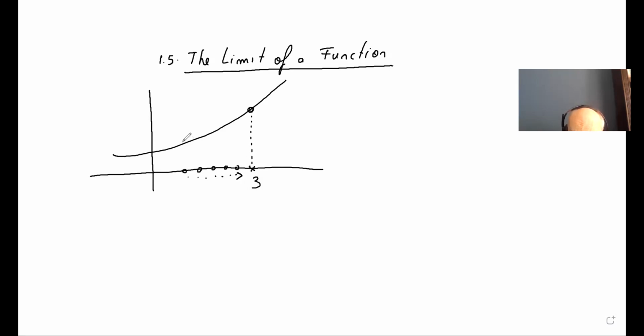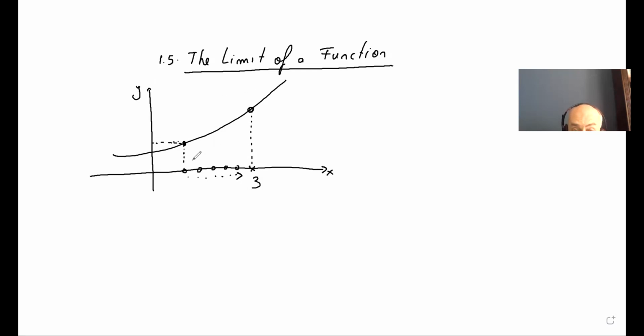Well, we can look at the values of this function and we can realize, the values are measured on the y-axis, folks. That's why we had that discussion of the x and y axis and graphing.